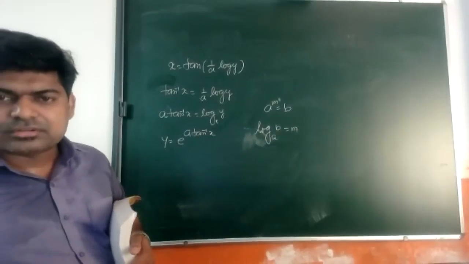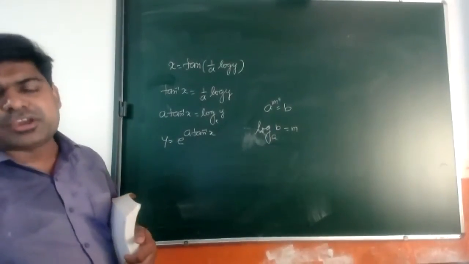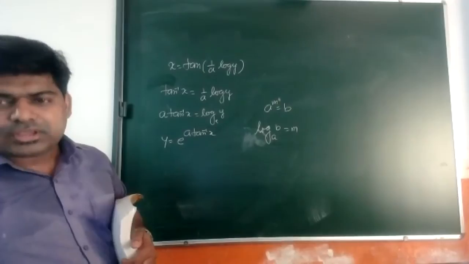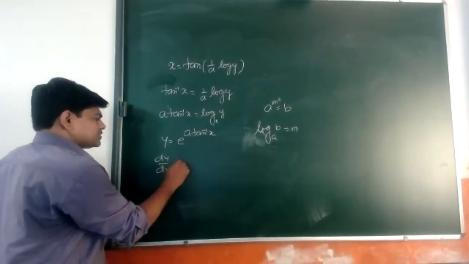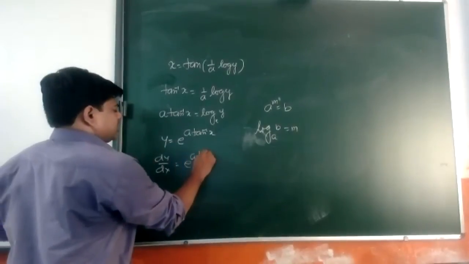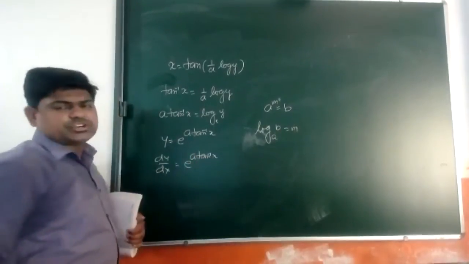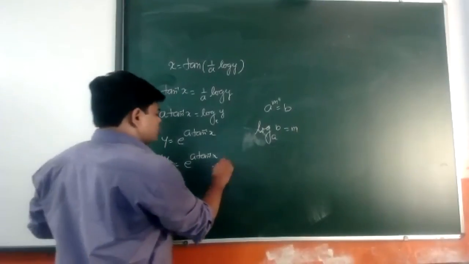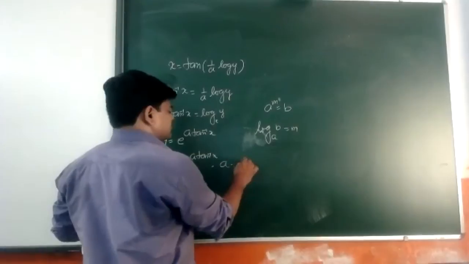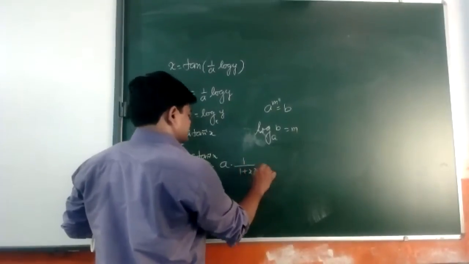And now we can easily differentiate. It can be written as dy by dx is equal to e to the power a tan inverse x, because the differentiation of e to the power x is e to the power x only, into a, the differentiation of tan inverse x, which is 1 upon 1 plus x square.